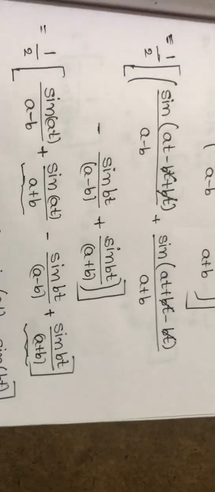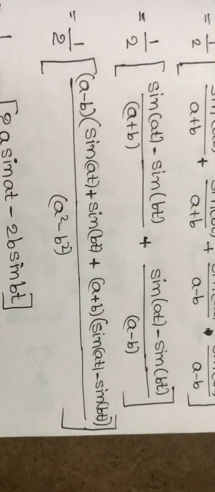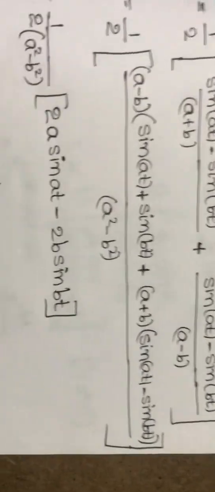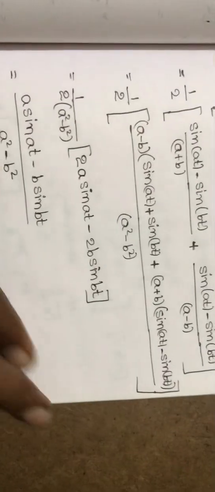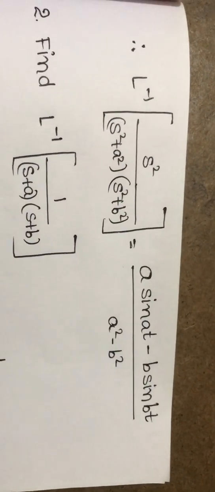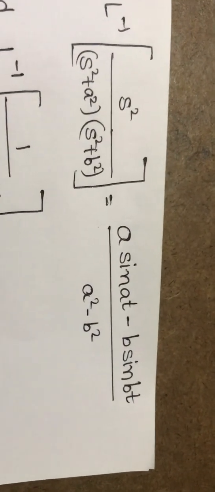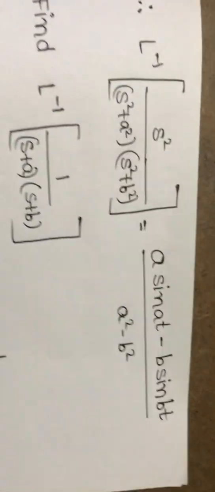Later on, by solving all of this and taking LCM, finally we get this step, and this is the final answer. Finally, the Laplace inverse of s square by (s square plus a square) into (s square plus b square) is (a sin at minus b sin bt) by (a square minus b square).